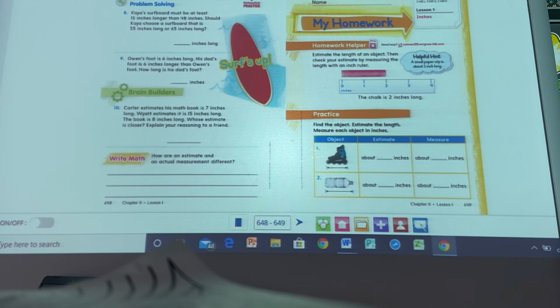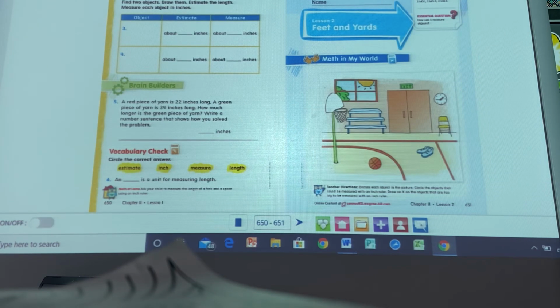All right? Now, for the homework, again, we're not going to be measuring the actual objects because not everybody has these objects in their house. Okay? So it's hard to see how that works. All right? But if you look over to the next page, page 650, you definitely can do that.